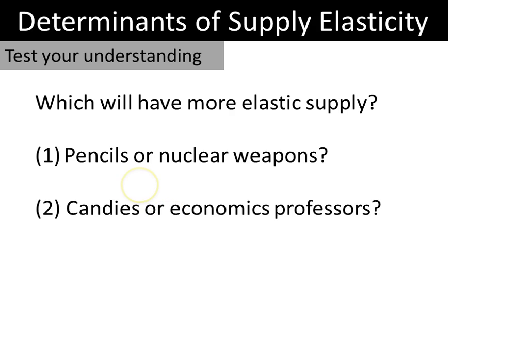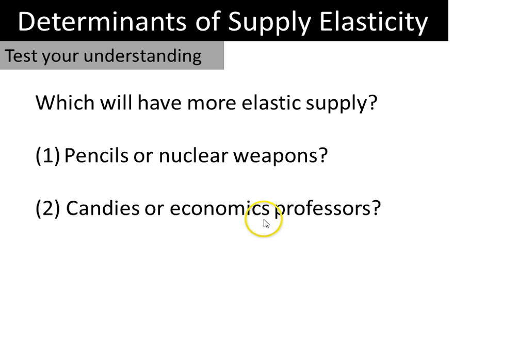Nuclear weapons, on the other hand, require supplies that are not easy to get. They would require nuclear fuel and the services of nuclear engineers. And so it's relatively hard to increase the supply of nuclear weapons. So the supply of nuclear weapons is going to be less elastic.